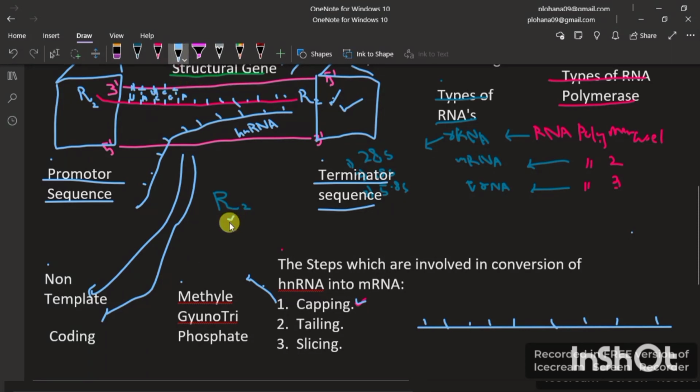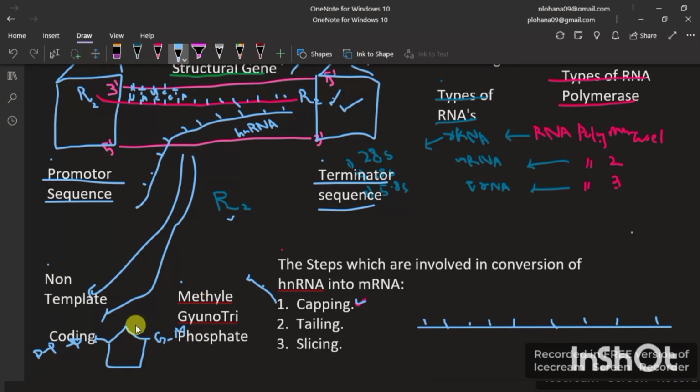Wait, let me make the structure here so that it can be more clear to you guys. Suppose this is a structure. Here we have guanosine, which is a nucleotide. And as it is a triphosphate, here we have one phosphate, then again here we have a second phosphate, again a third phosphate, and here we have methyl with the guanosine.